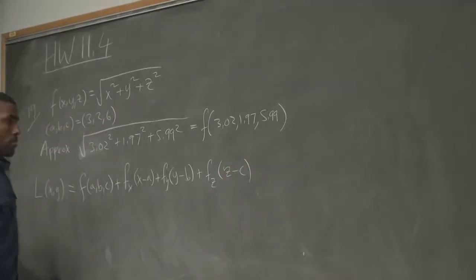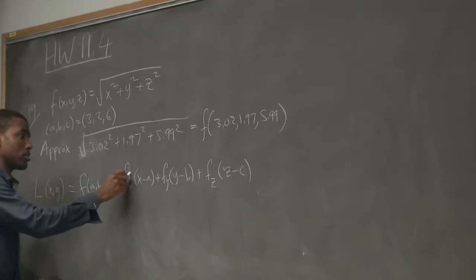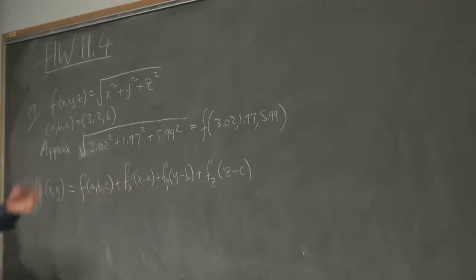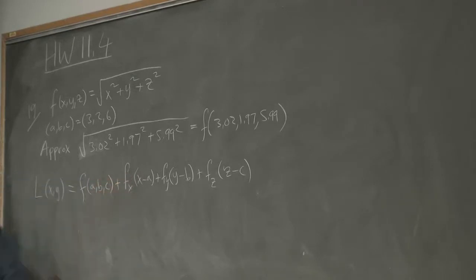Do we need to show that it's evaluated at (a, b, c), or is that implicit? It will be okay to do that. Technically to be correct, you should write this, but it's cumbersome and looks messy. It's implied that you're evaluating these at this point.